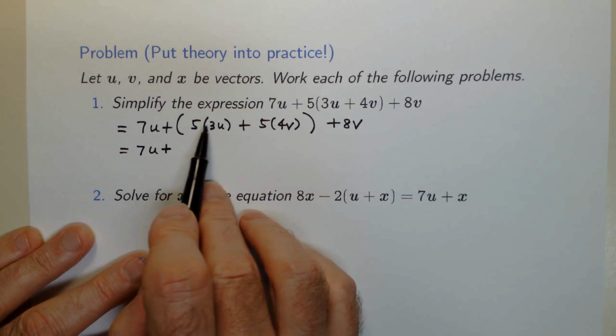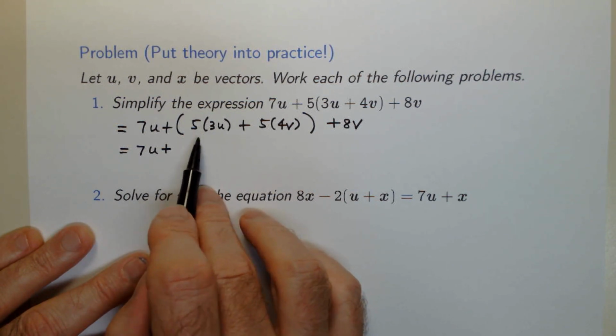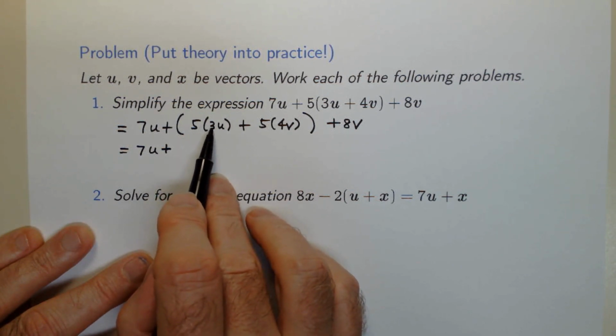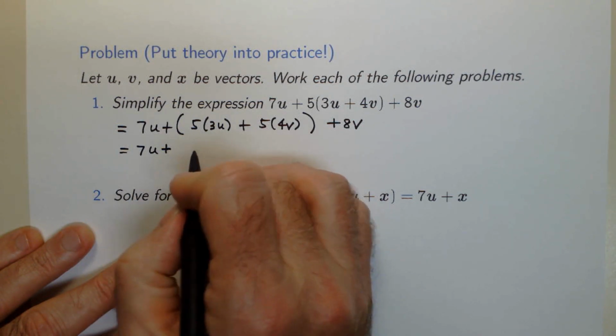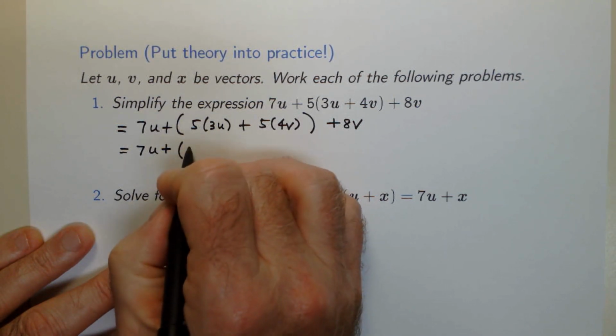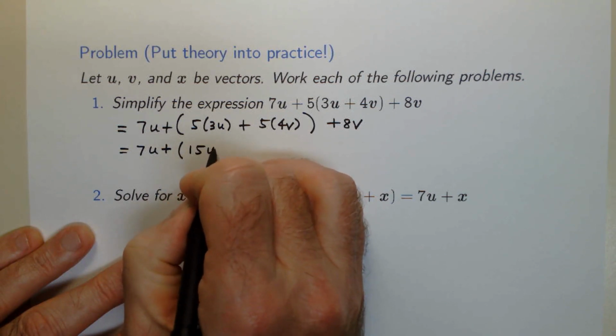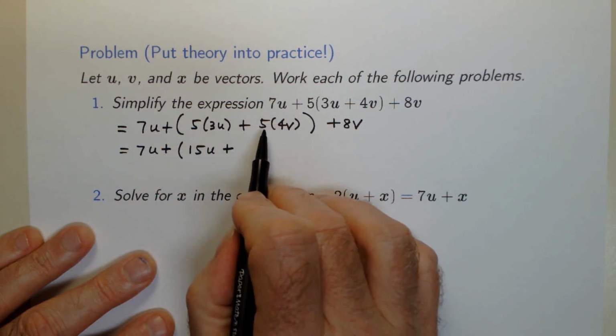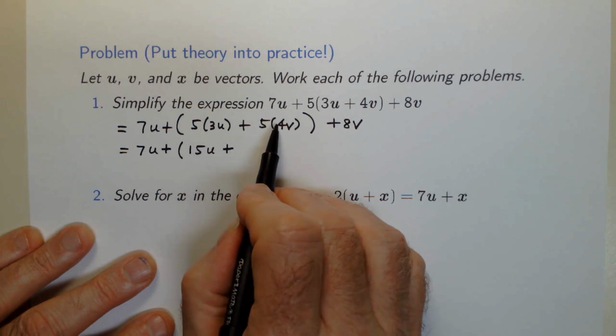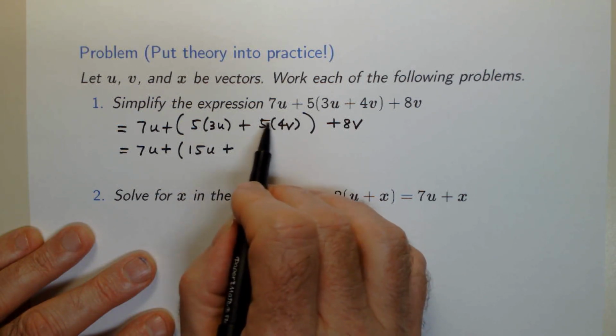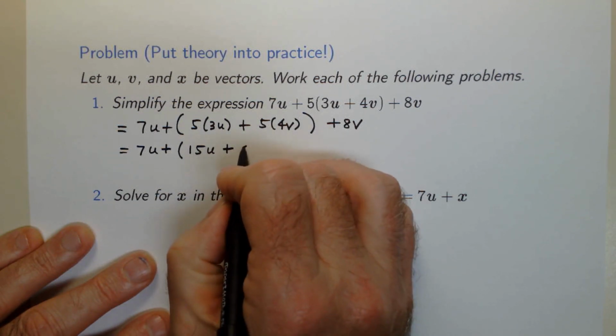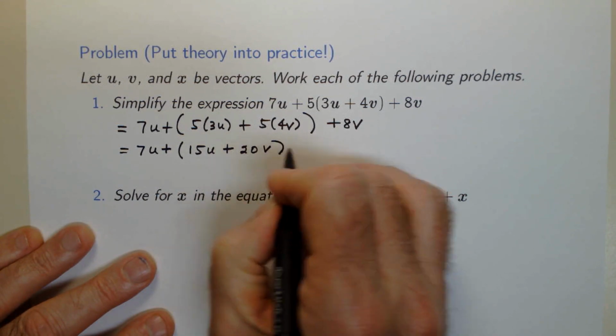Remember my double scaling law? We called that property G. If I'm scaling a scalar, that's the same thing as just doing 5 times 3, or 15 times u. And again, the double scalar law, if I'm doing 5 times 4v, that's the same as 5 times 4 times v. So that's simply 20v.